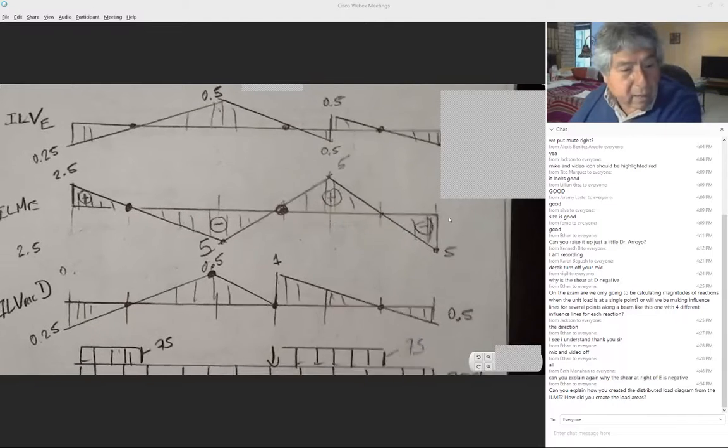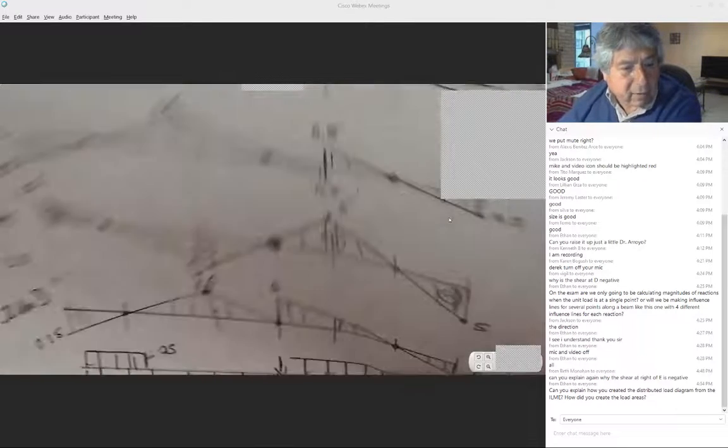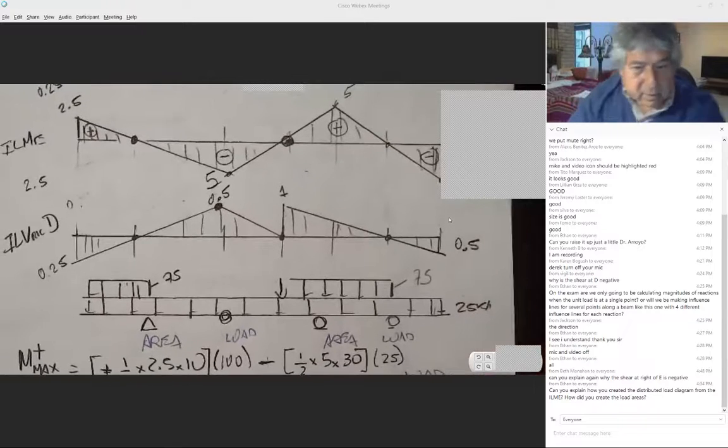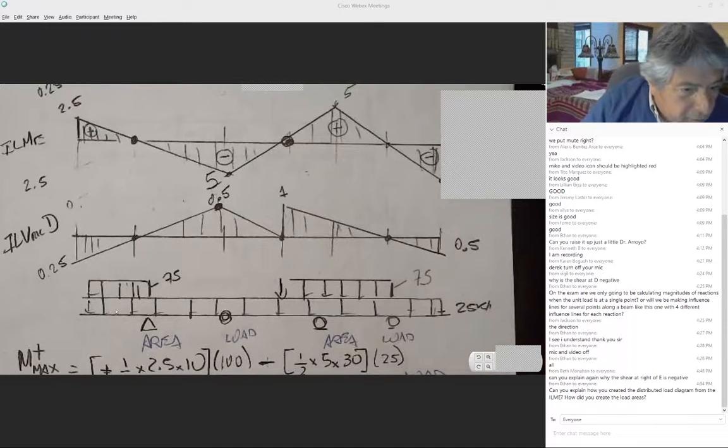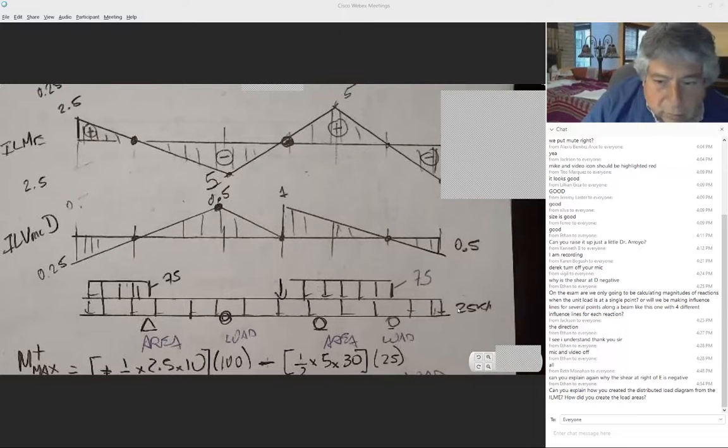So why is it 100? Because look, all of this dead load 25 pounds. 25, 25, 25. 25 plus 75, 100. In here, only 25. 25 plus 75, 100. And in here, only 25.